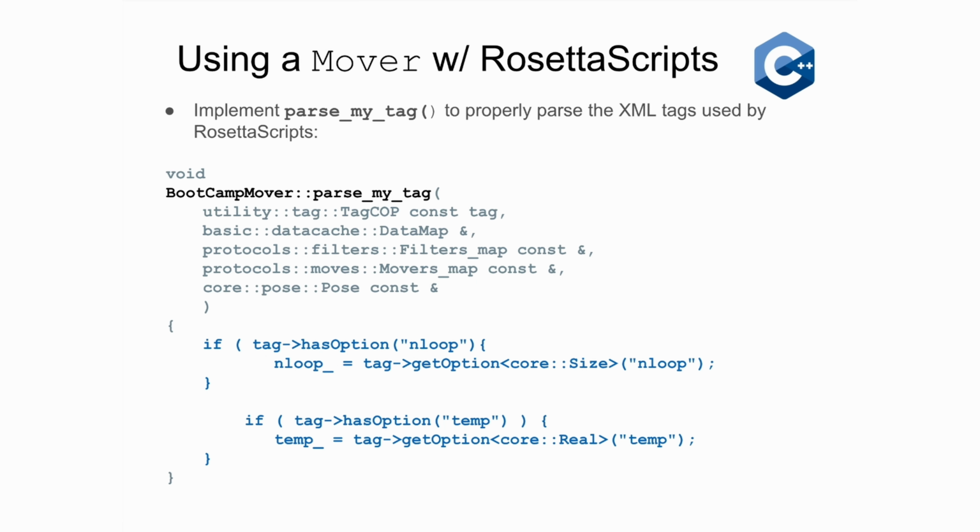You can have different parameters that you include in the parse my tag. Essentially this is going to go through and say, if there's an option that is in loop, then set your class variable or your class data to what that option was set as, and the same thing for temperature.